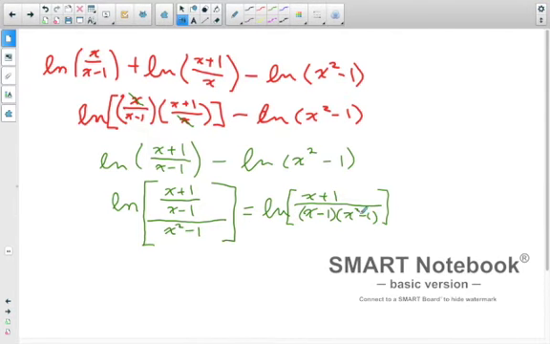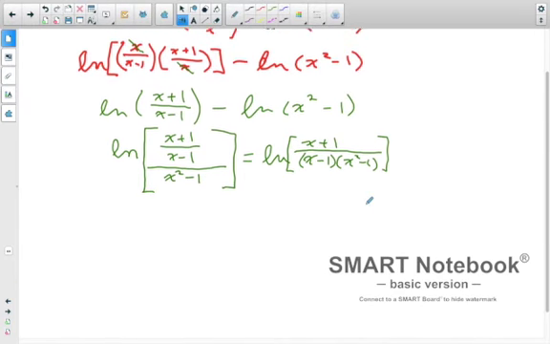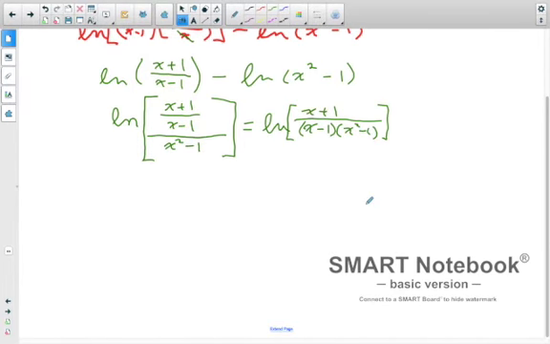Now, this is a difference of squares. And since this is a difference of squares, we can factor it out, and we can factor it out very quickly. We would have x plus 1 in the numerator, and in the denominator we now have x minus 1, and I'm going to write that as squared, times x plus 1.